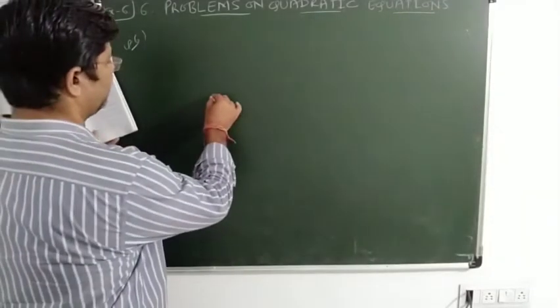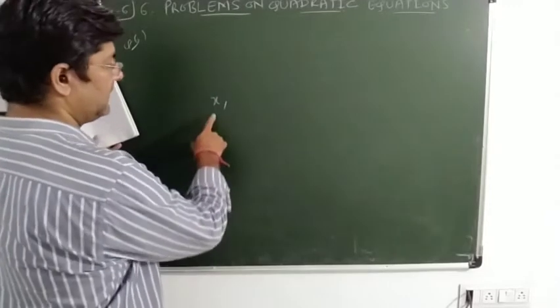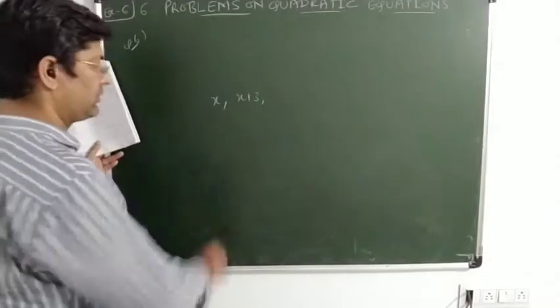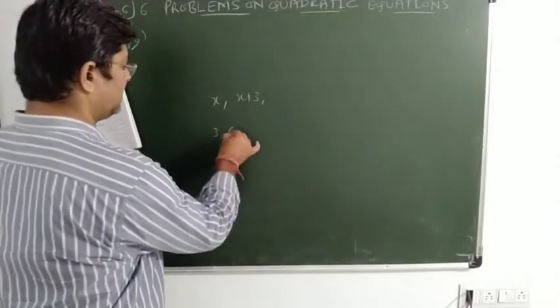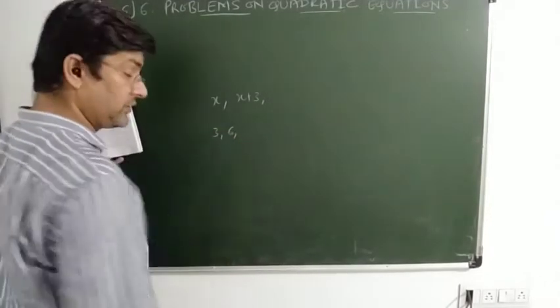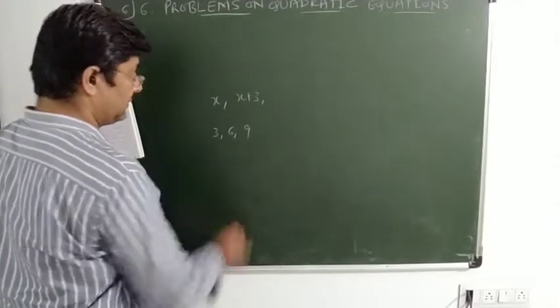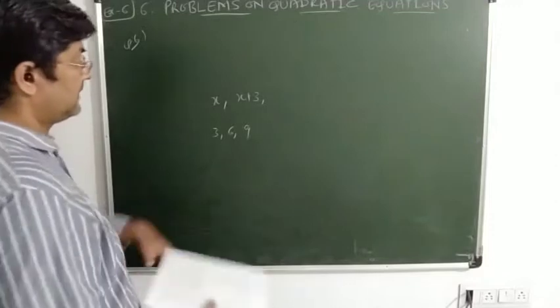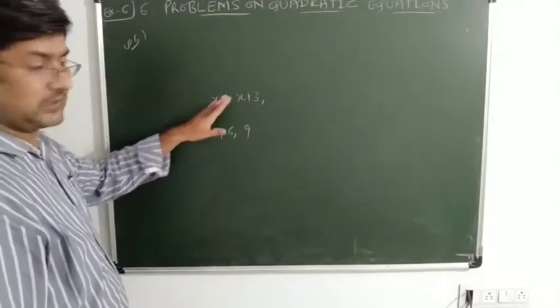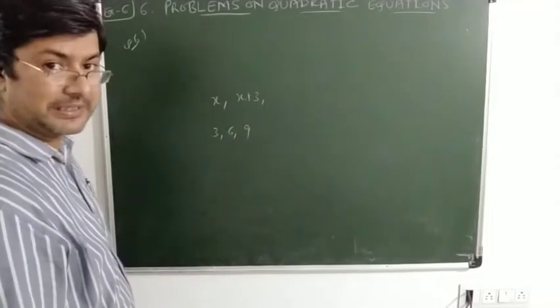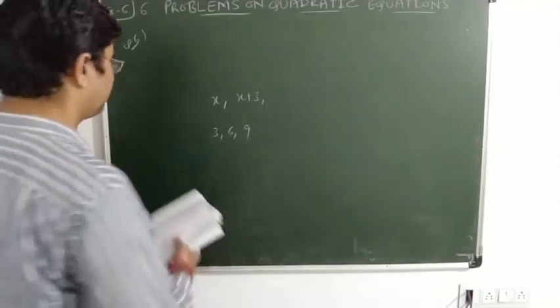Okay, now multiples of 3 we will consider in this way. If one number is x, then the other number will be x plus 3, because we know that consecutive multiples of 3 have a difference of 3. Yes or no? So if one number is x, then the next consecutive number will always be x plus 3, which is a multiple of 3.